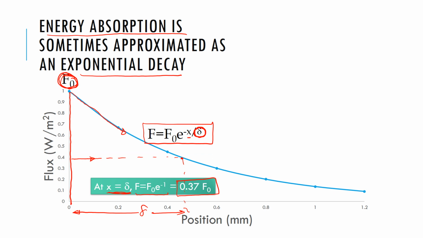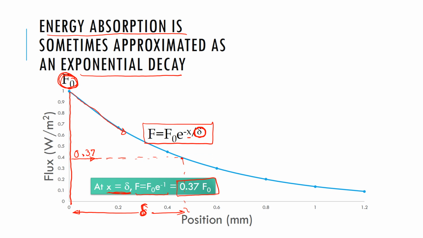So 63% of the energy has decayed over this distance. This is a way to characterize how easy it is for this material to absorb energy of a particular type.